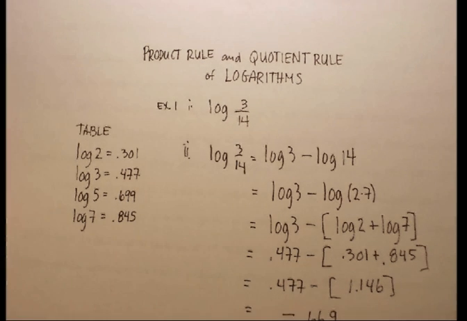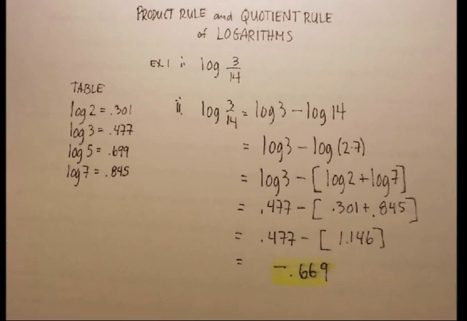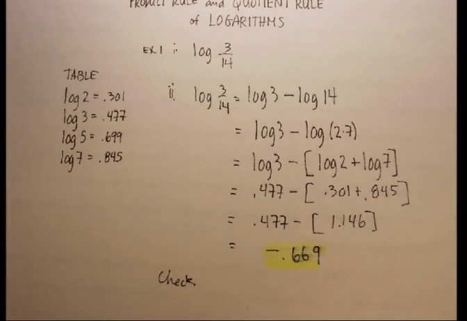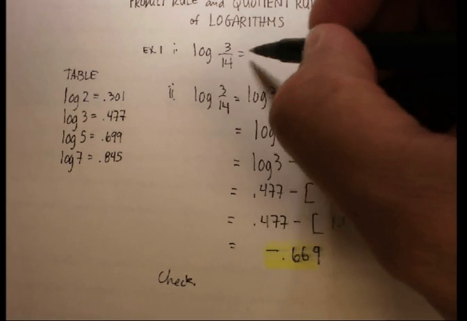Let's see if that answer makes sense in the context of our problem. So let's do just like a little mini check here to see if we're in the ballpark. Remember that my problem is basically saying log base 10 of 3/14 is equal to something.